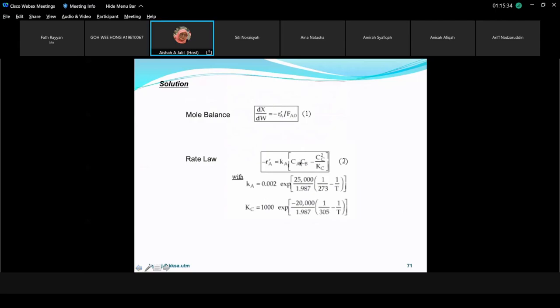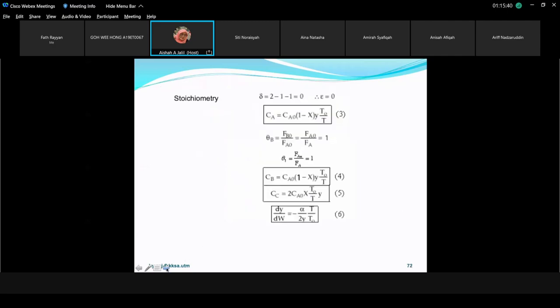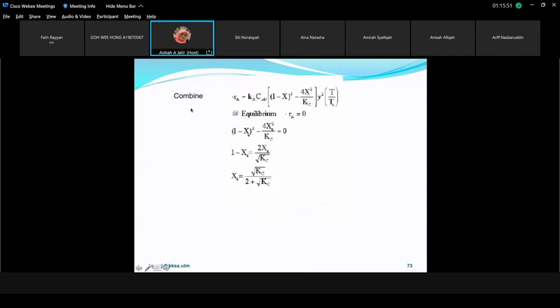This is for the reversible reaction. The K is given, the K_c is also given. Then you can calculate. This is a PBR, the mole balance for the PBR. This is the mole balance equation, like this.